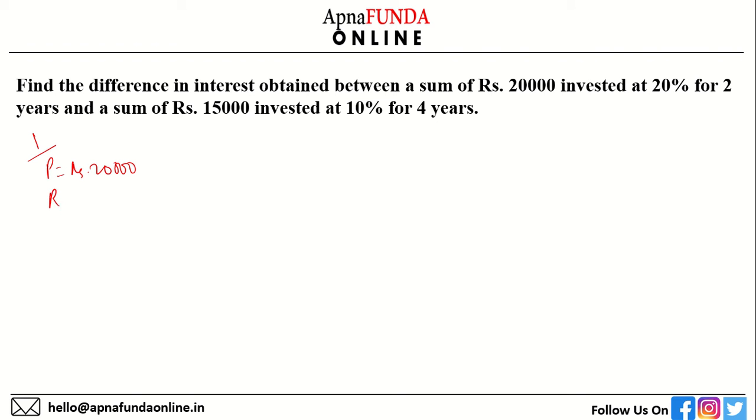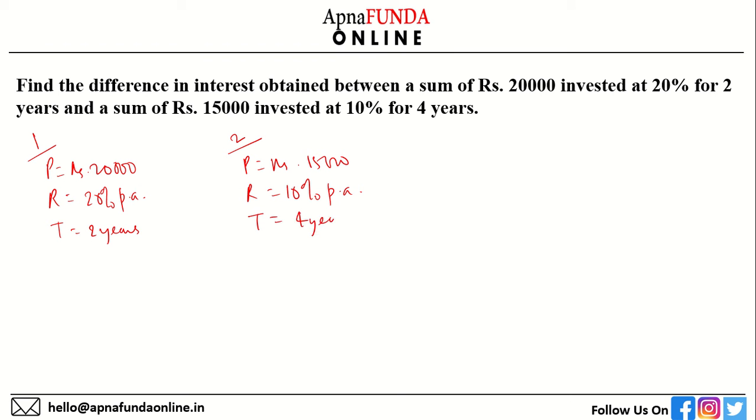It is invested at 20%, which is my rate of interest, and it is invested for the period of 2 years. Correct? We need to calculate the simple interest. And for the second part, the principal is rupees 15,000. This amount is invested at 10% per annum, and the time period is 4 years.